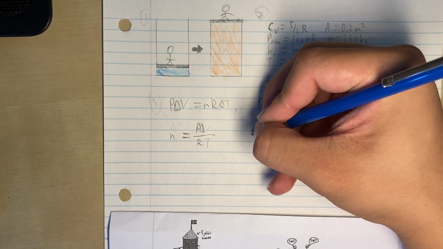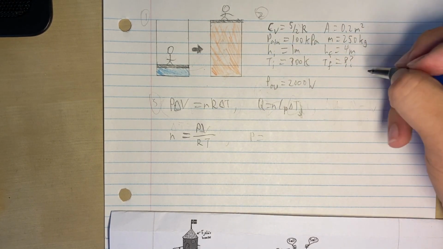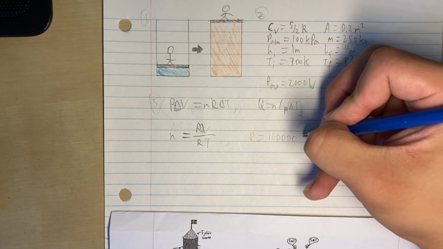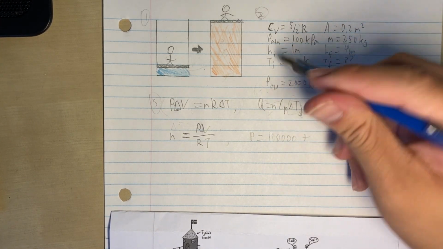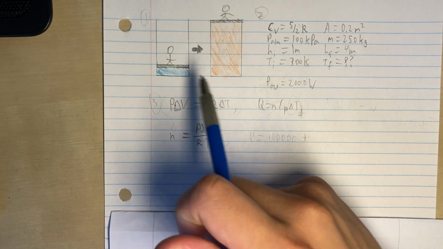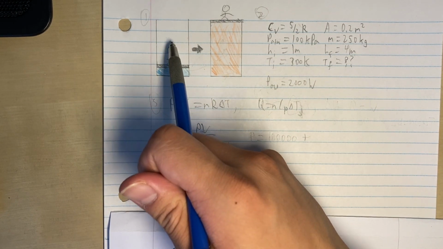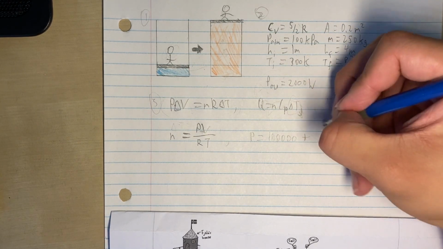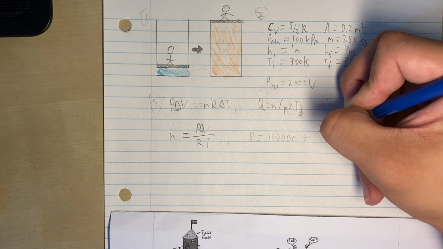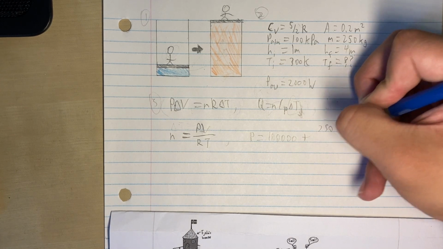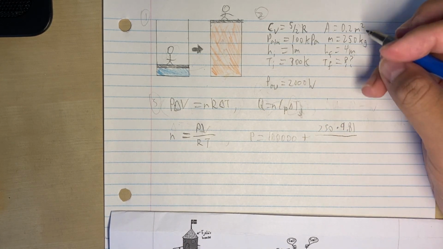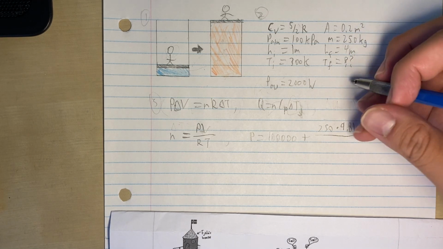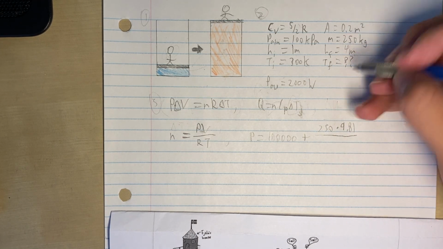So pressure is equal to the atmospheric pressure, so that's 100,000, plus the pressure of the mass of the piston and fuel. So that's the mass, 250 kilograms multiplied by 9.81. That's the gravitational acceleration. And then you divide that by the cross-sectional area, which is 0.2.